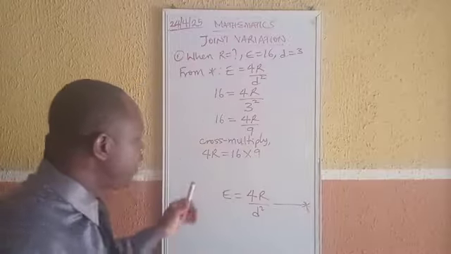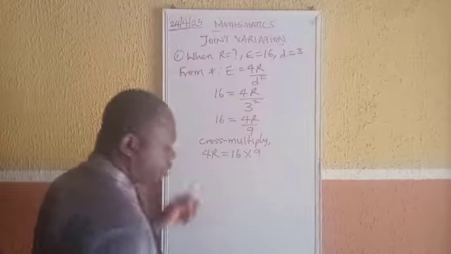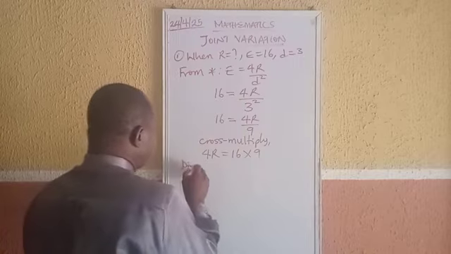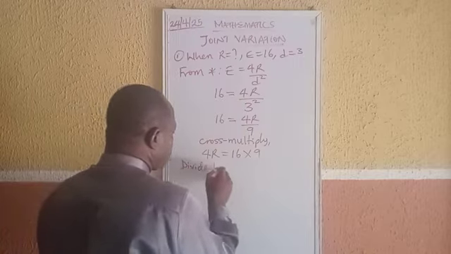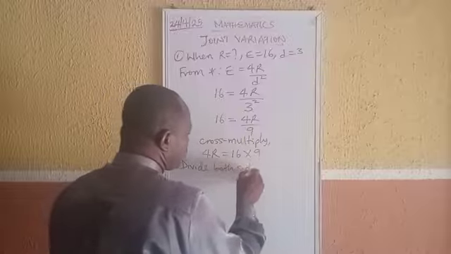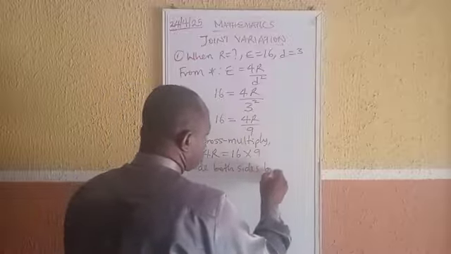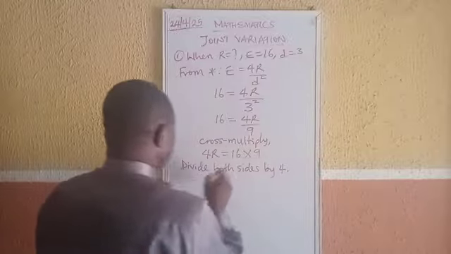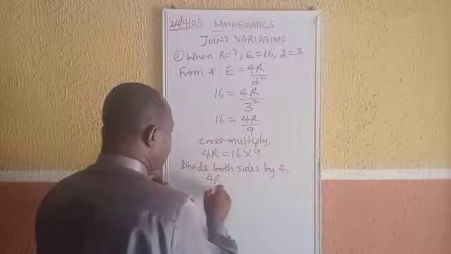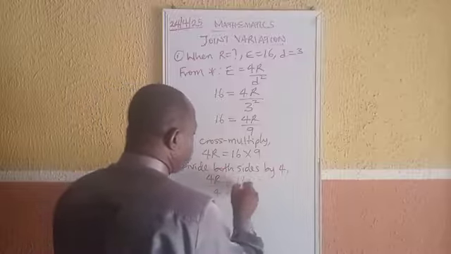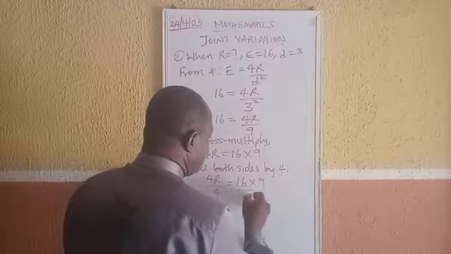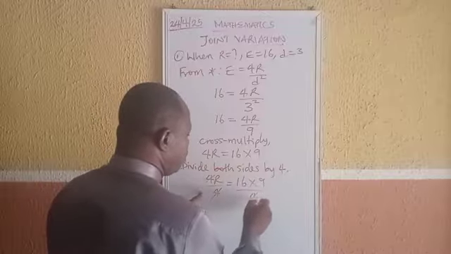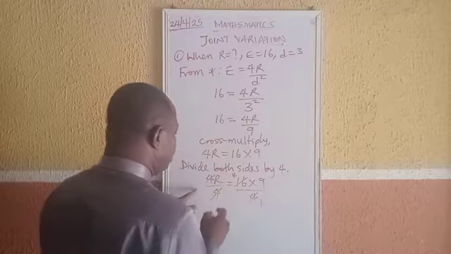If we divide both sides by 4 so that we can leave r as the subject, we have 4r over 4 equals 16 times 9 over 4. 4 will take 4 here, 1. 4 here is 4.